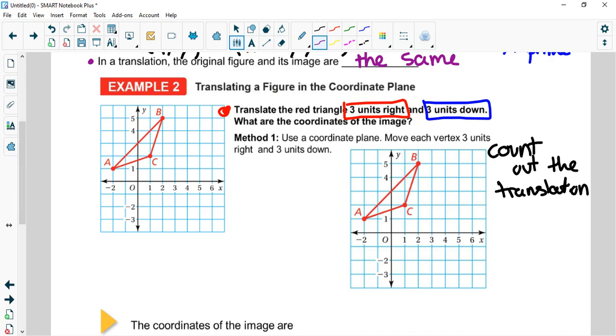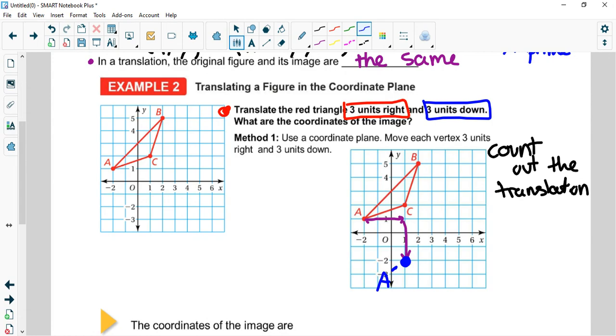We're going to start by putting our pencil on A and count 1, 2, 3 spaces to the right. And then from there, 1, 2, 3 spaces down. And wherever I land, I put a new point, and we call that A prime.